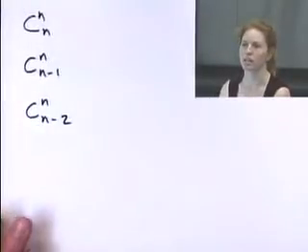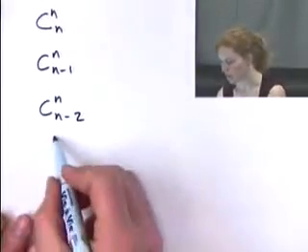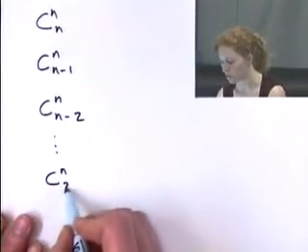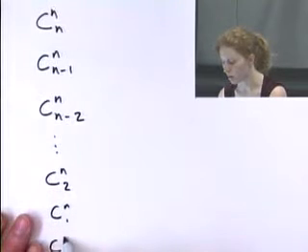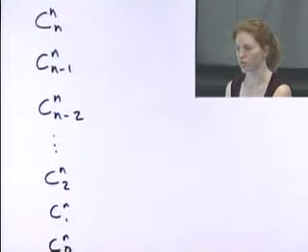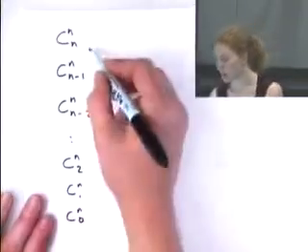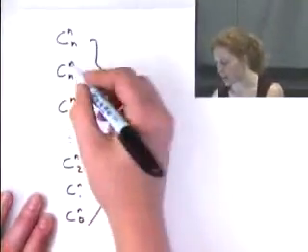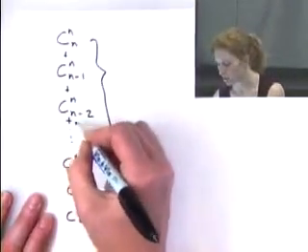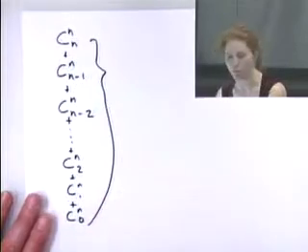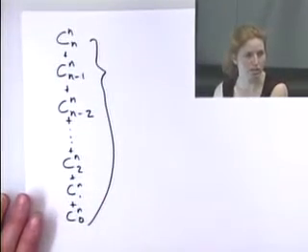On the next level we had C(n,n-2). And then on down we got to C(n,2), C(n,1), and C(n,0). That was our total number of nodes, right? And then we already knew that adding all of these has to come out to the total number of binary strings of length n, right?